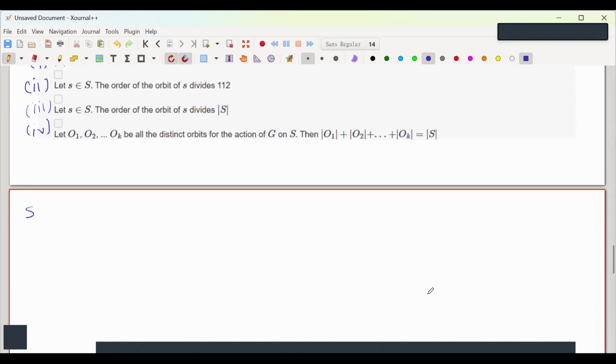Let me give you an example: the trivial action.